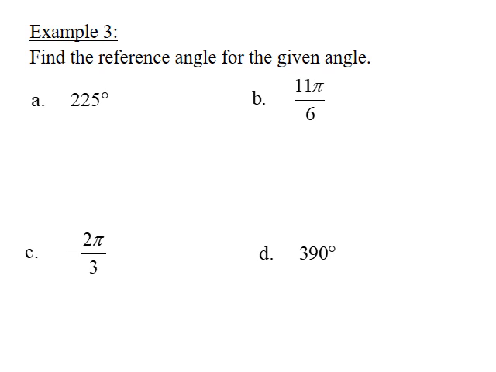Now, you're probably thinking, how in the world does this work? I don't even know what's happening right now. Don't make it harder than it needs to be. Let's just kind of talk through this. Starting with 225. Now, if this is my initial side, 225 degrees is not quite 270.